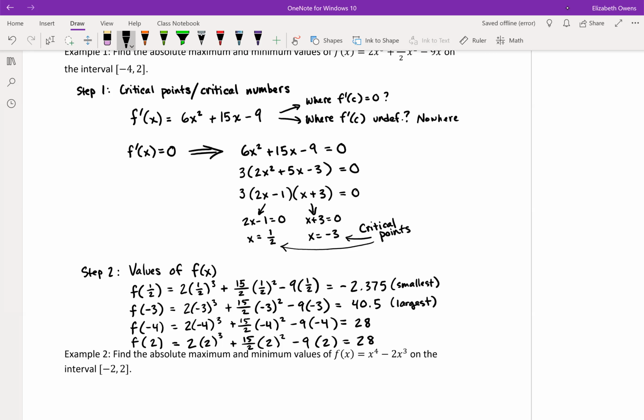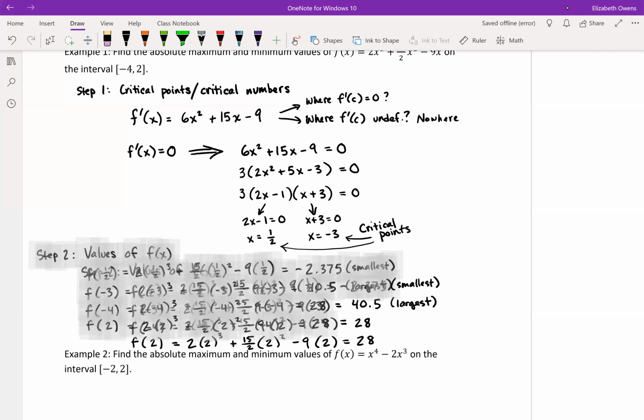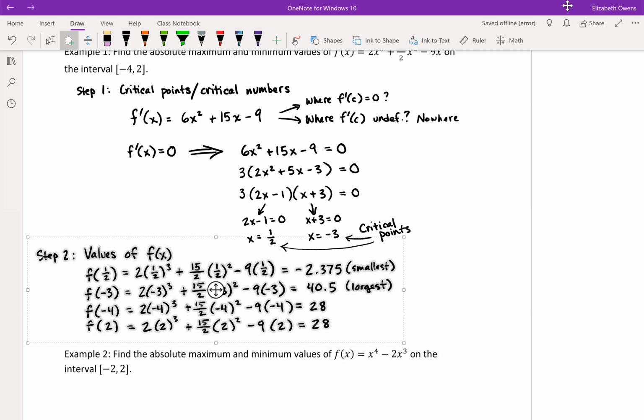And so to finish off the problem, which I kind of ran out of room here, let me move some things around so that we can get our conclusion for the absolute max and min.